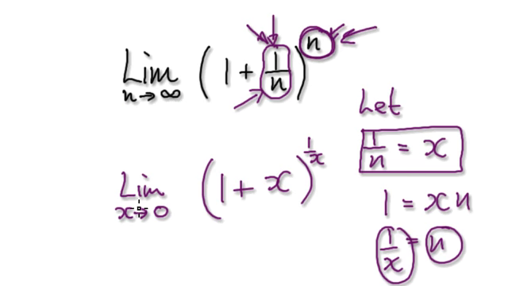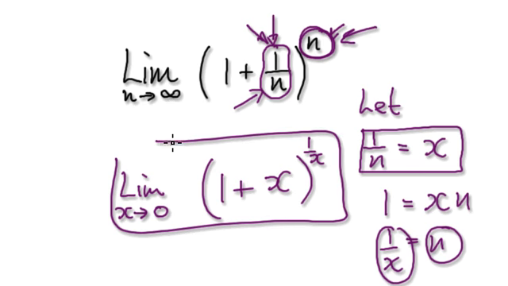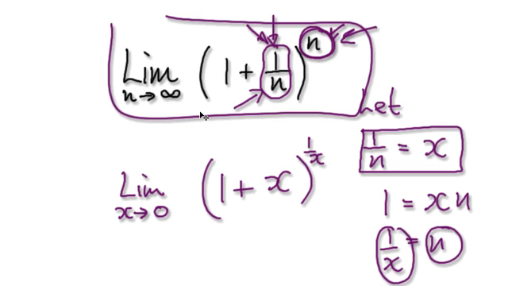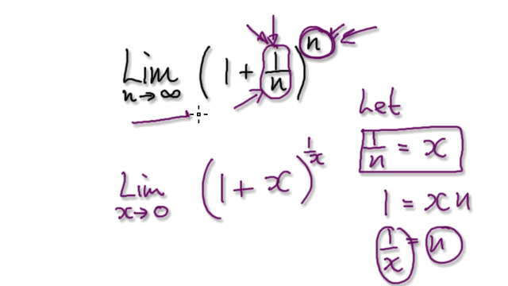Down here, when x gets smaller and smaller, this whole thing will get bigger and bigger. So it makes sense. Looking up here, as n increases, this thing decreases, and this thing increases by the same amount.